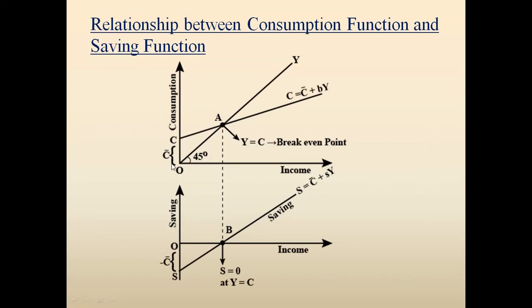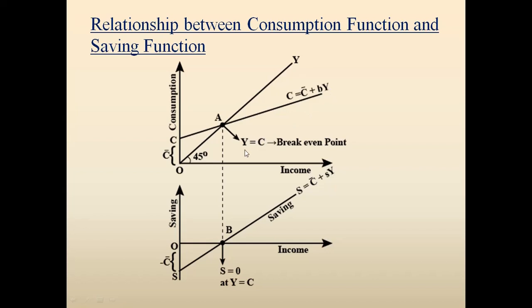So now you can see this particular consumption function. We already know this part. So this OY is your income, and this line, you can call it C, CC. So this line is your consumption, isn't it?